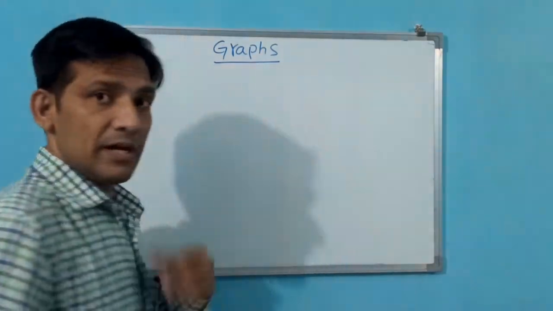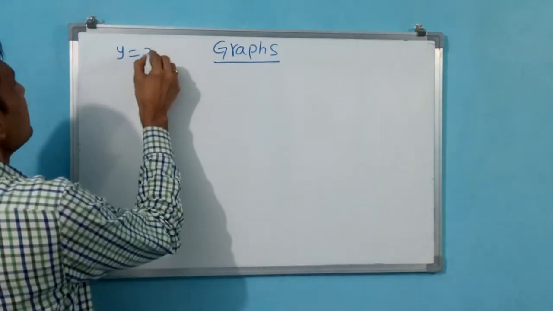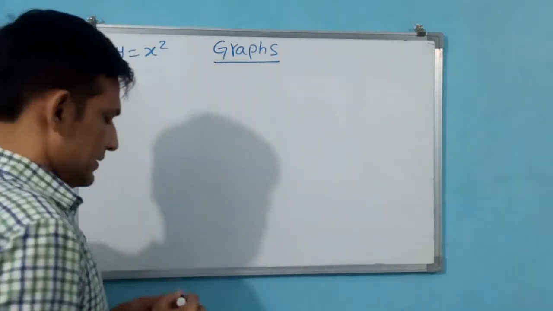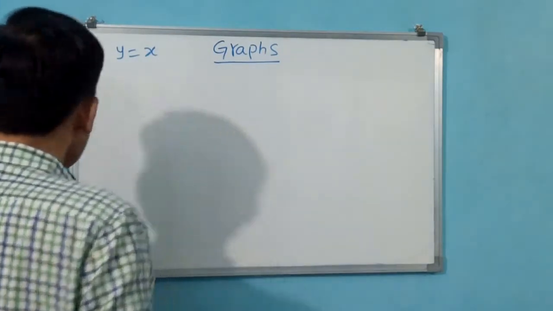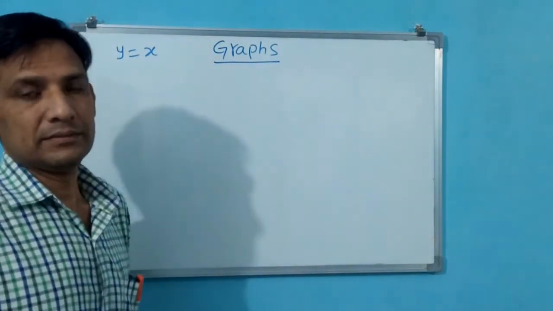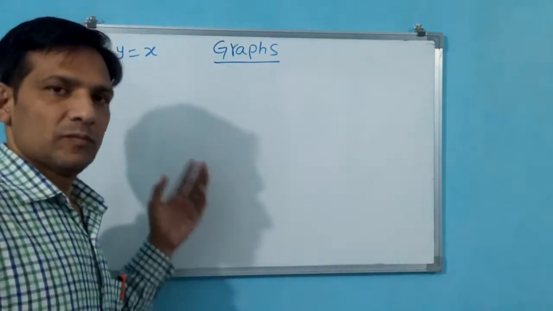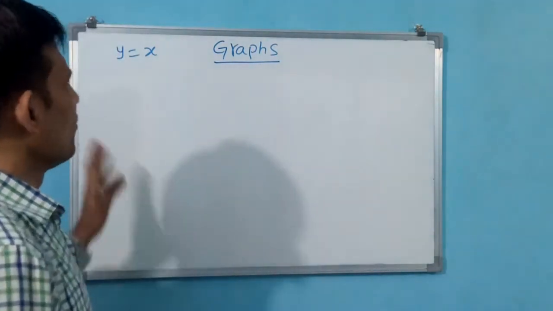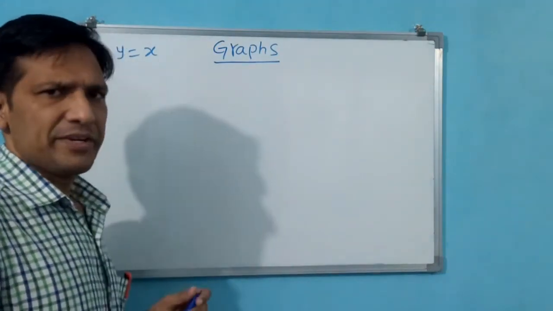Okay, now we see another variety. Say y is equal to x square. Now before going to x square, we go for simply y is equal to x. You need not make a table. Why?